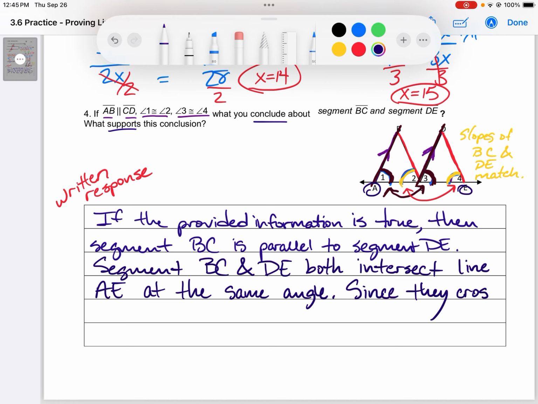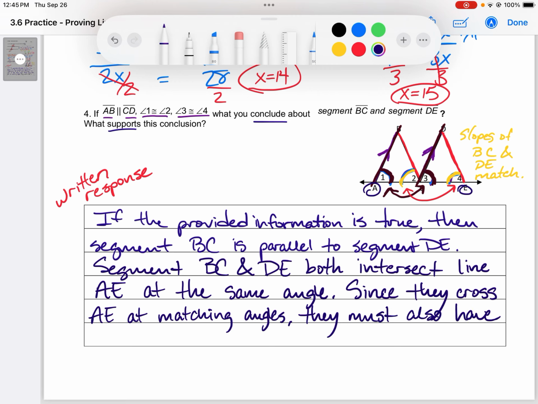Since they cross AE at matching angles, they must also have matching slopes.